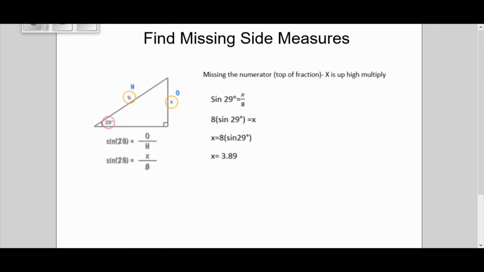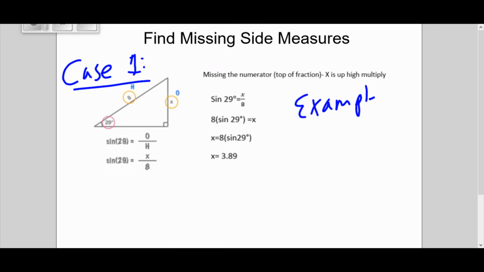So one thing I want to point out is that when we found missing measures, there was sort of two cases that we could have come up with. And you don't need to write this down, but I do want you to be aware of it. Case one was like example one. What we saw with example one is you could solve and you could have x in the numerator.